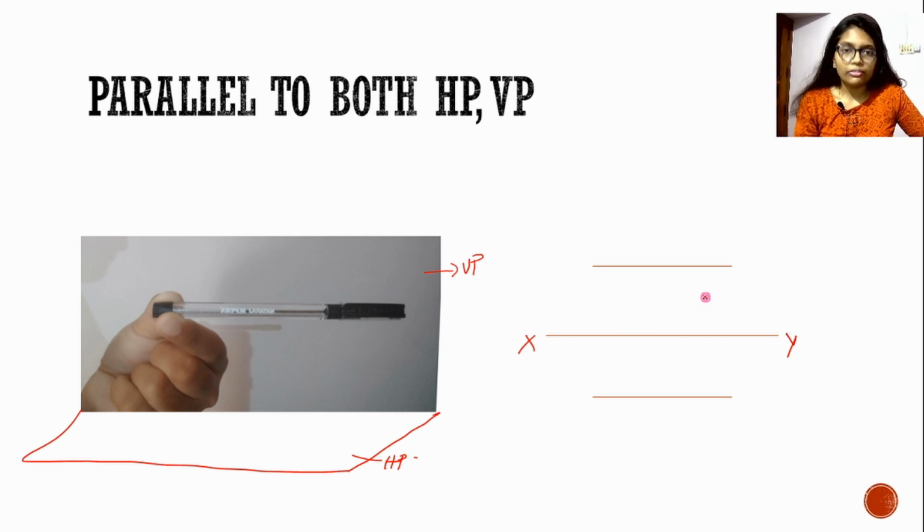Okay, and for first quadrant projection, as we have studied in the last video, above XY line we have the front view and below XY line we have the top view. Okay, so this is the pen which I have taken for an example of line. Let me mark the endpoints of this pen as A and B. The bottom point is A and this is B.